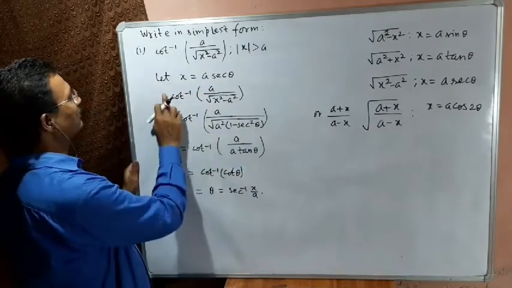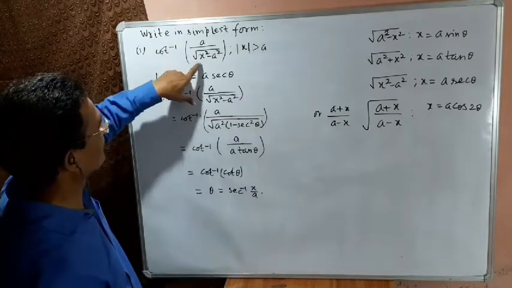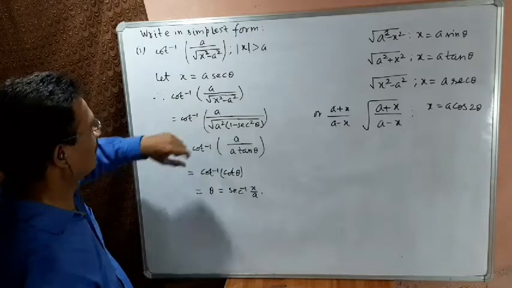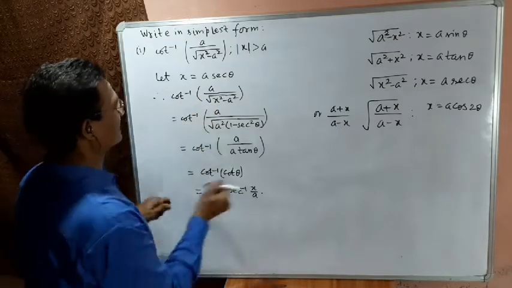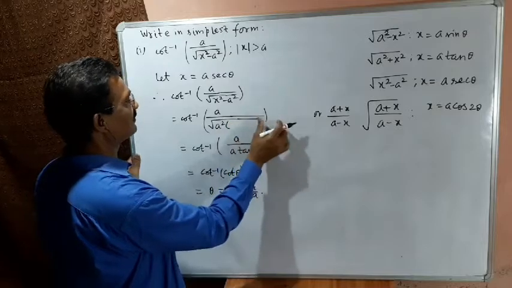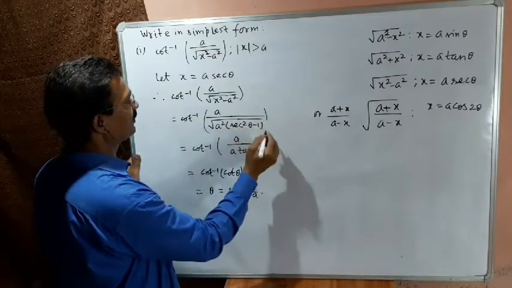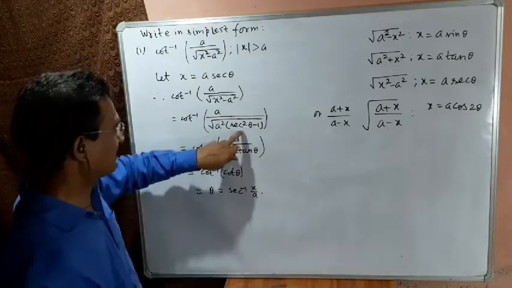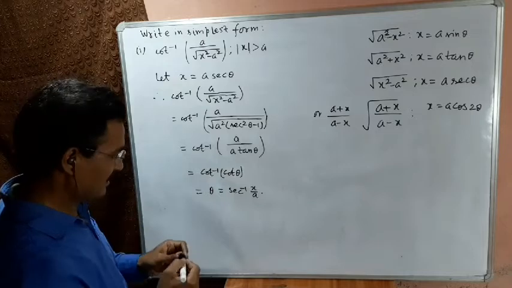Now, therefore, cot inverse of a by under root x square minus a square will be a by a square in common. Sorry, here will be sec square theta minus 1, which in return becomes tan square theta, and a square tan square theta becomes a tan theta.